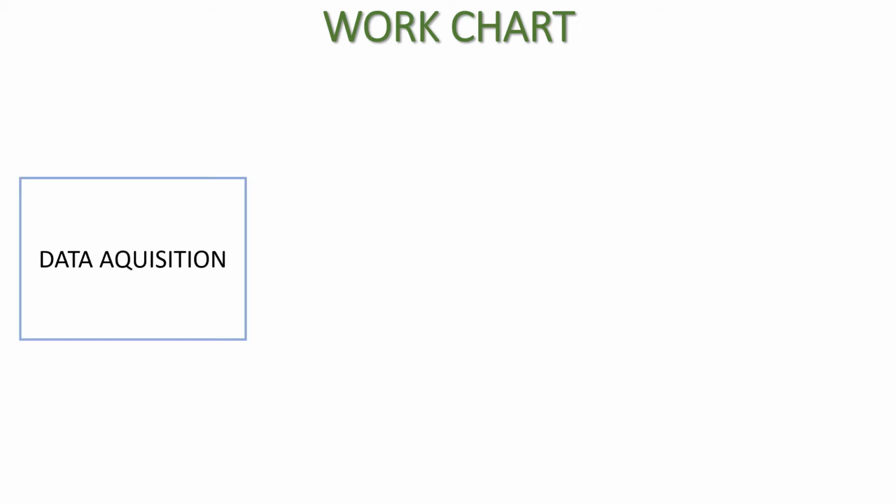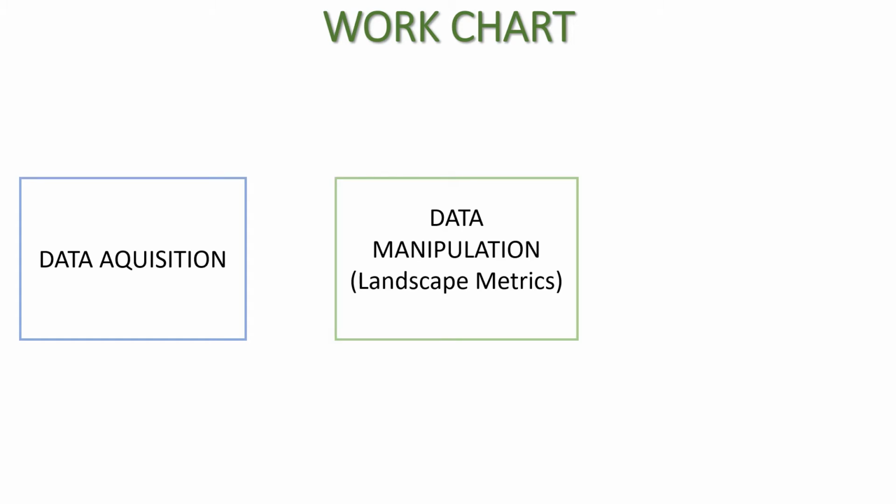Before we start to see the application, we need to understand that we have three main phases in this kind of application. First of all, we have the data acquisition about the study area we want to analyze. After we have the data, we will manipulate it and apply the landscape metrics.